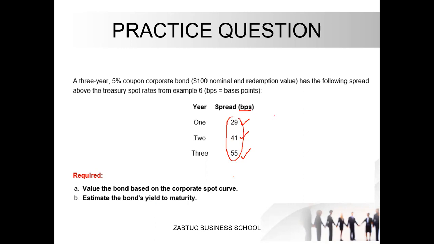The yields, they are saying we must use, and so you combine these to find the company's yields. Then you discount this bond here and find the market value.